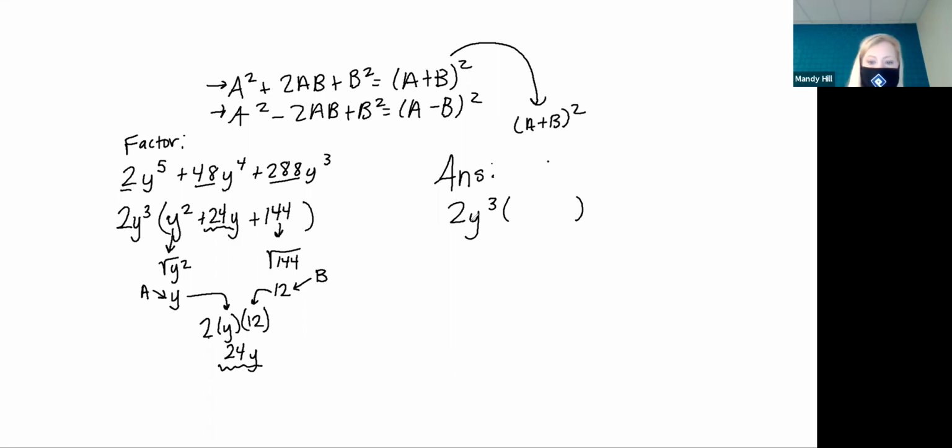Well, we said a was y here. We said b is 12. We just fill it in. Because our a is y, b is 12, and that formula is the one that works.